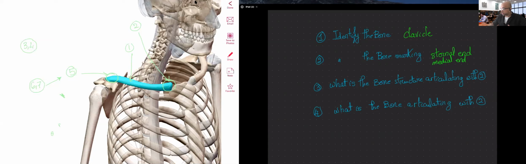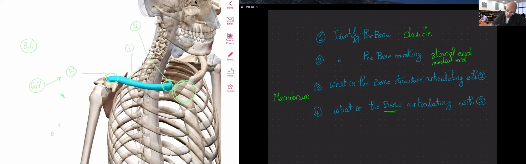What is the bone structure articulating with 2? The manubrium of the sternum. What is the bone articulating with 2?